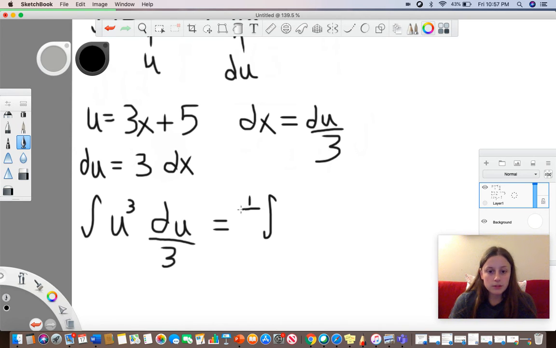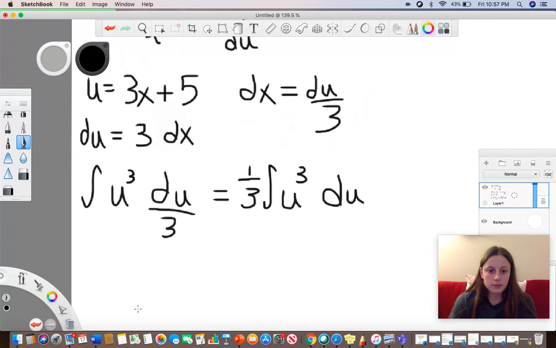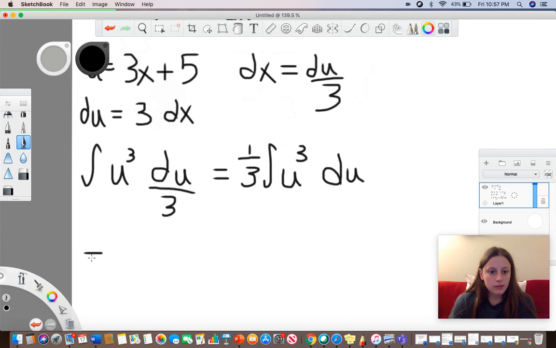And remember, this is over 3, so this is actually a 1/3 I'm pulling out, not a 3. I like to do this for 2 reasons. One, it makes it look a little simpler, and 2, it is very easy to forget about it when you have it over here. So then I'm just going to apply the power rule for integrals.